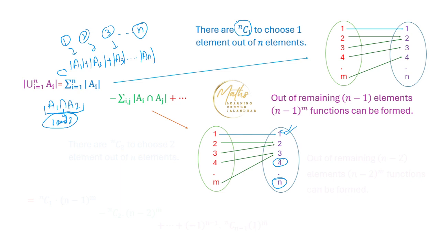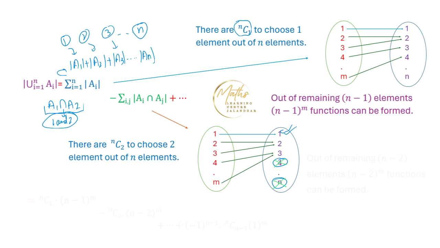So how many ways are there to choose two elements out of these n elements? There are nC2 ways. Now suppose we have chosen two elements, say 4 and n. So how many elements are remaining now?